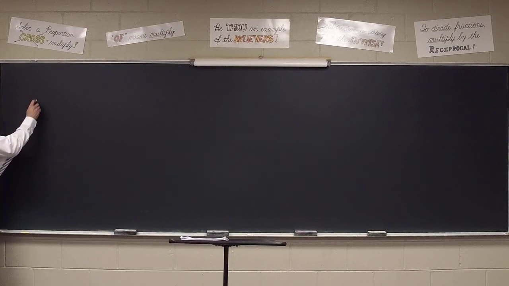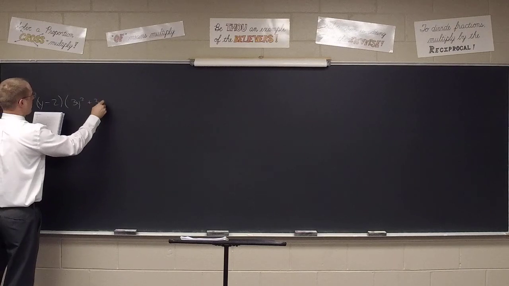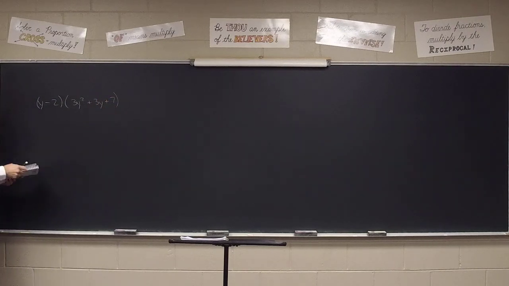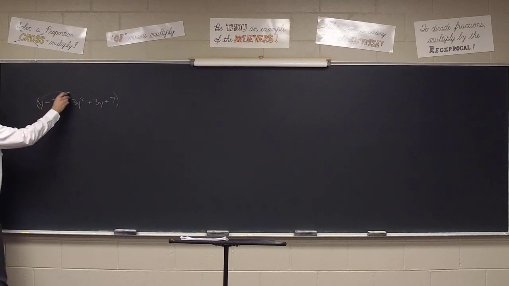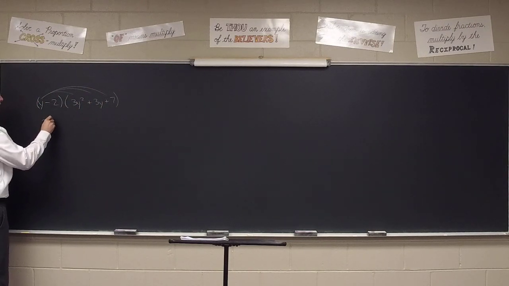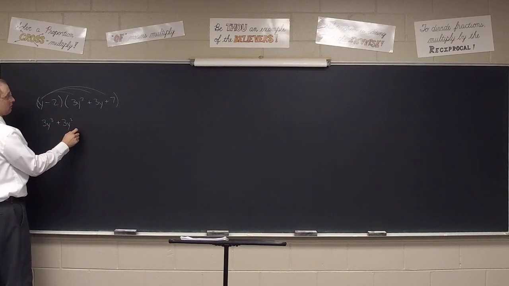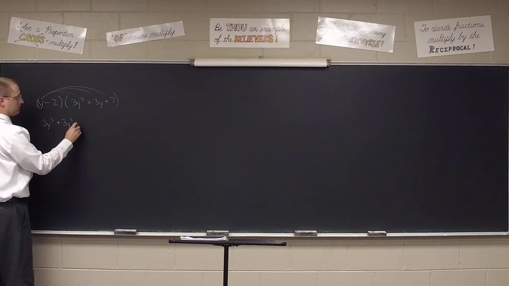Number 2, we had to double distribute y negative 2 to 3y squared positive 3y positive 7. If we distribute the y through the whole polynomial, what do we get initially, Joshua? 3y cubed positive 3y squared positive 7y.